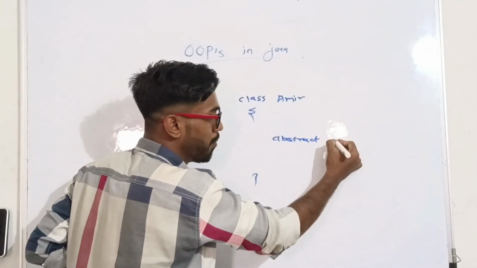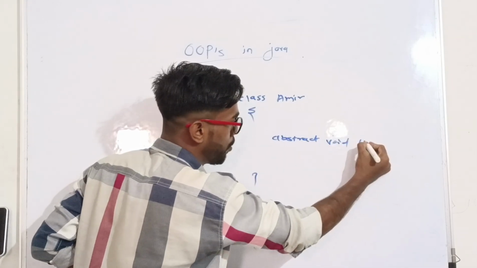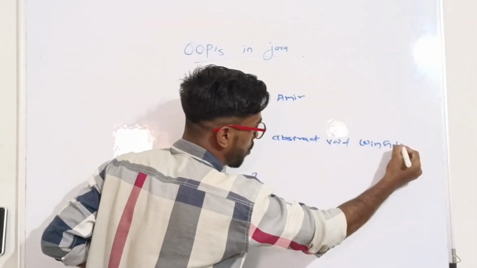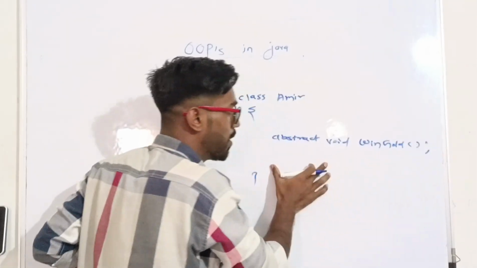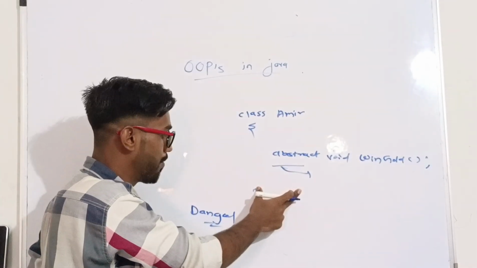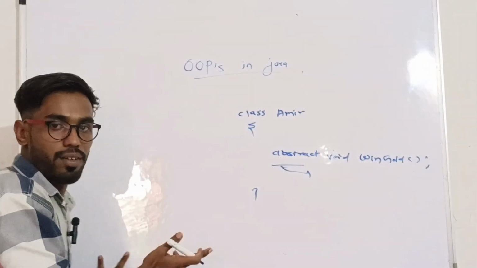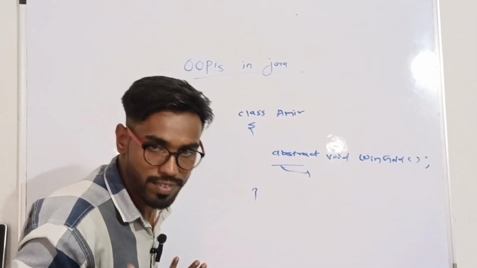The dream was to win gold. We write an abstract method, winGold. That method is the abstract method, and we have to complete it.